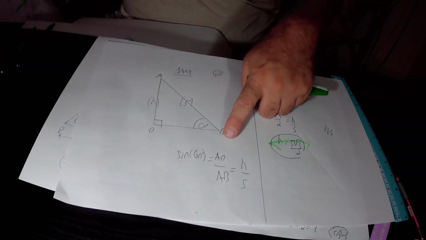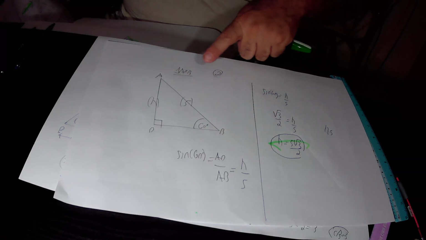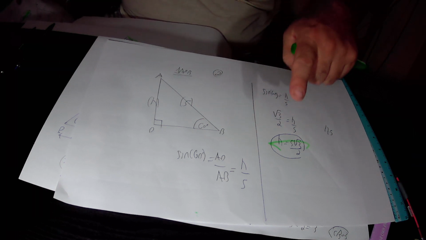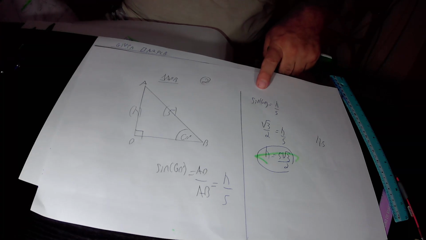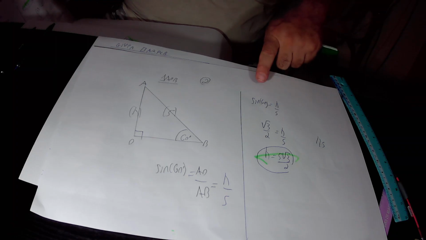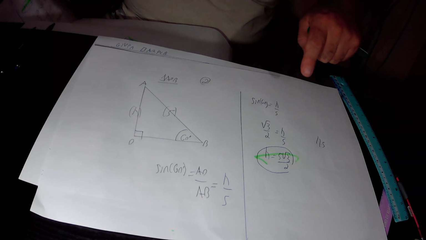AO is the height h, and AB is 5. So sine of 60 degrees equals h over 5. We know that sine of 60 degrees is square root of 3 over 2. So we substitute, and square root of 3 over 2 equals h over 5.